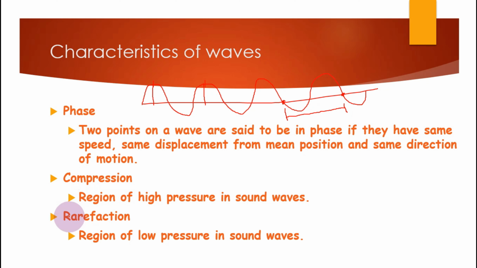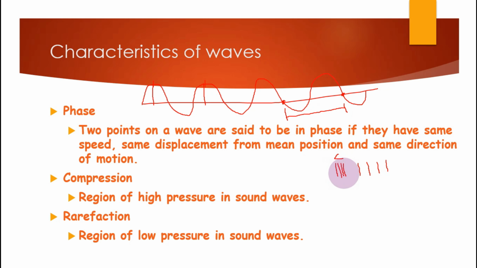Compression. It is the region of high pressure in sound waves. Sound waves travel in the form of successive compression and rarefaction. What is compression? Compression is a region of high pressure, where the medium is crowded.